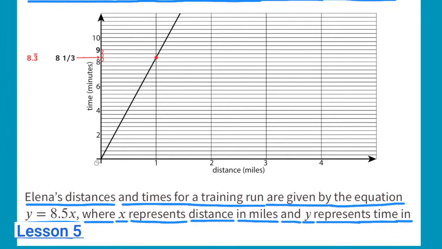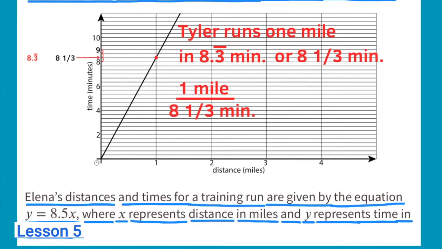The graph shows that Tyler runs 1 mile in 8 1/3 minutes, which is equal to 8 minutes and 20 seconds. In order to find out how far they ran in 10 minutes, we need to find out how far they ran in 1 minute, and then multiply that by 10. 8 1/3 minutes is equivalent to 25/3 of a minute, so he can run 1 mile in 25/3 of a minute.